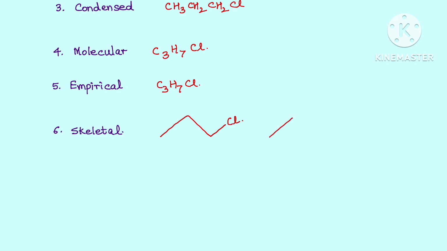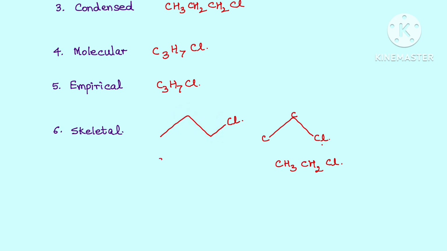Understand the difference. If I put a Cl over here, that means I have got 2 carbon atoms and the third one is a Cl. In which case my compound will be CH3, CH2, Cl. Whereas this compound that I have got, it's 1 carbon, 2 carbon, 3 carbon and the end is a chlorine.